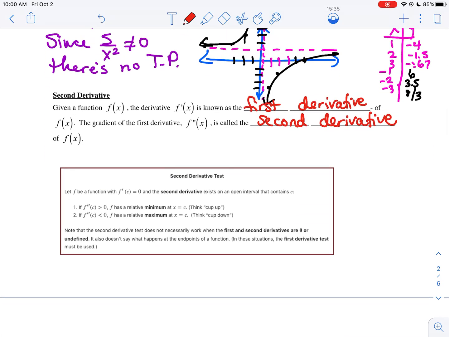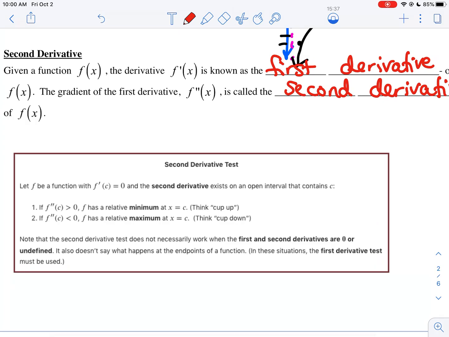All right, we have something called the second derivative test. Let f be a function where f prime of c is 0. So that's your turning point, okay, and the second derivative exists. Then, this is really interesting, if the second derivative is positive at that turning point, there's a relative minimum.